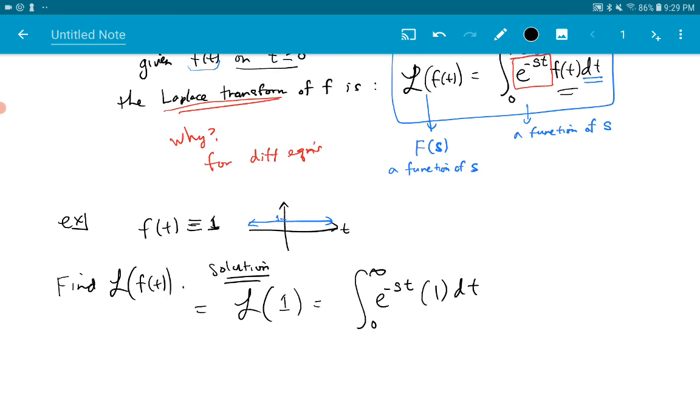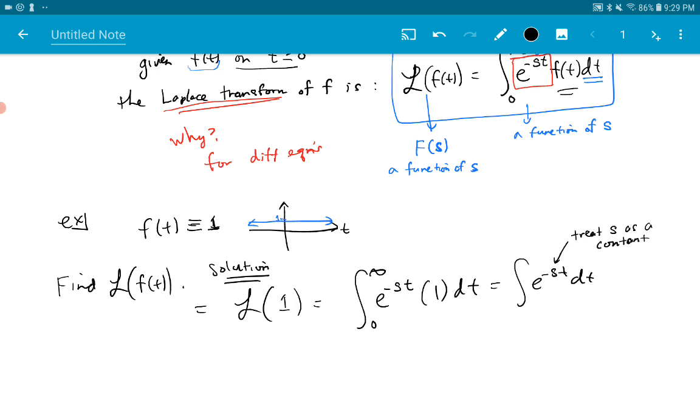This one will be pretty easy because that function that we're multiplying by is just 1. In other words, we're just taking the integral of e to the negative st dt. Having that s in there might bother you, but you could treat s like a constant while you're doing the integration with respect to t.